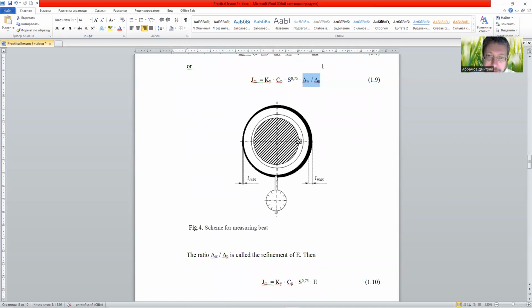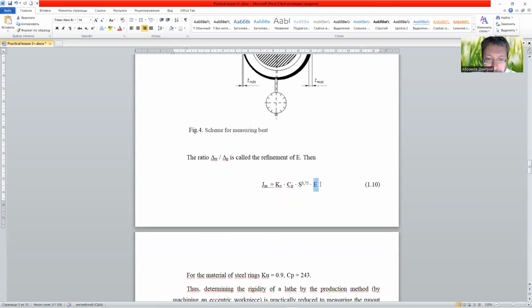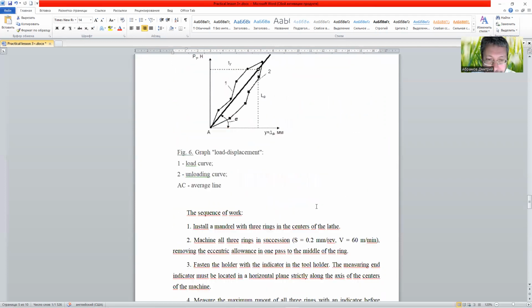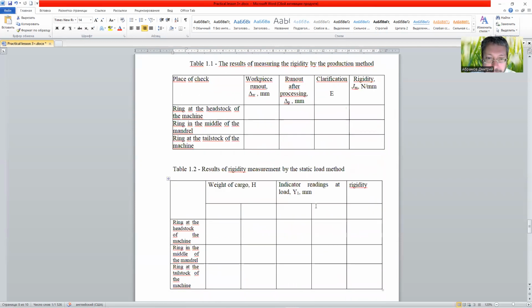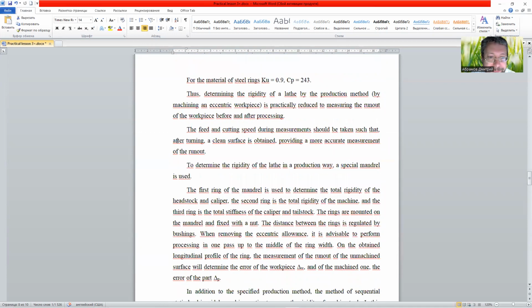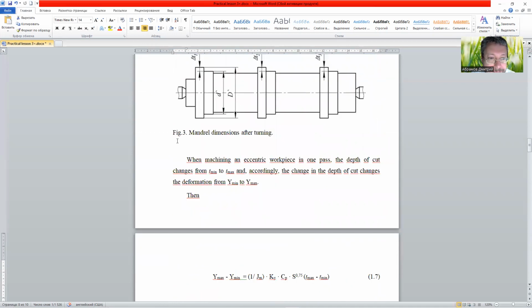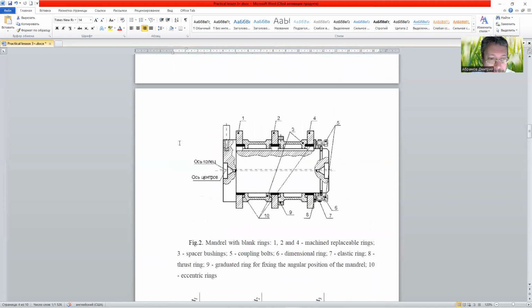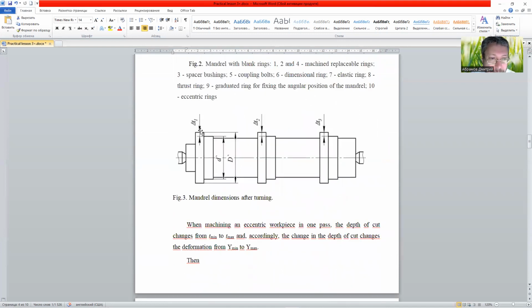You should divide delta_W by delta_P and you will get E. Okay. Then you should write it down in table 1.1. We have 3 rings on our mandrel: the first ring, the middle ring, and the third ring.